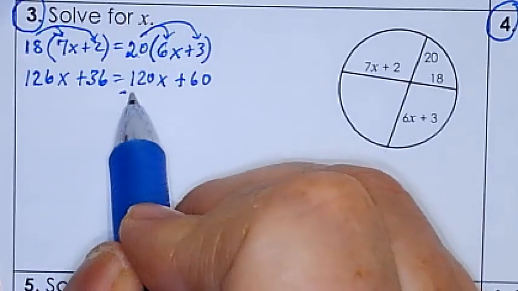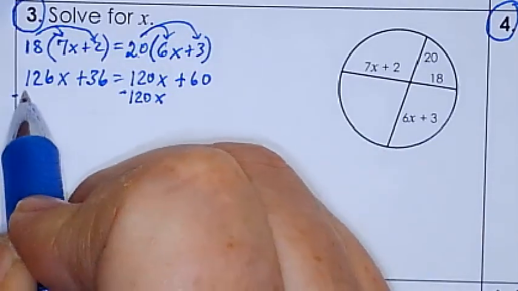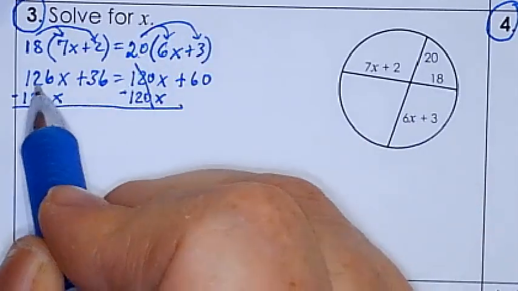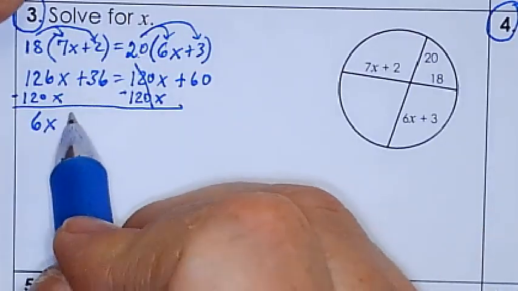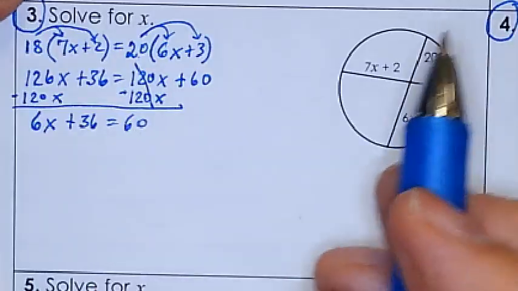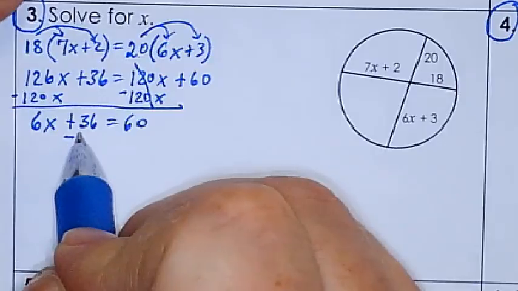Minus 120x. 126x minus 120x is just 6x, and that equals a 60. What do we subtract from both sides? Thank you for that. Cancels.